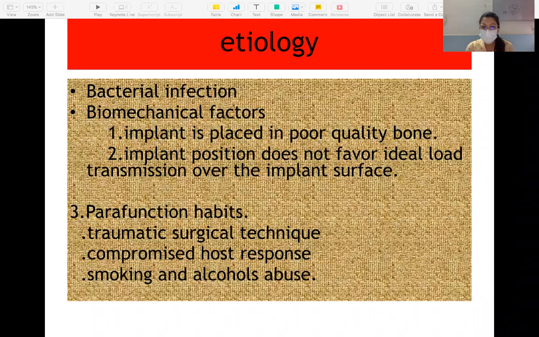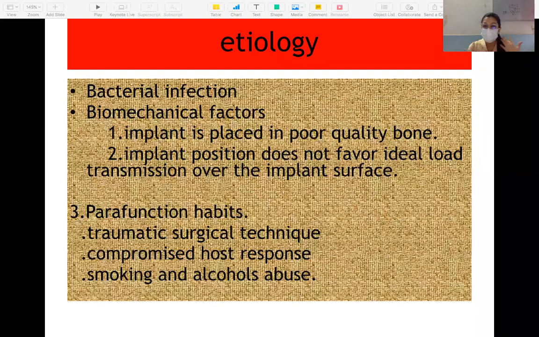Secondly, biomechanical factors: the implant is placed in poor quality bone, the operator did not evaluate the bone quality properly before placing the implant, implant position was not favorable, loading was not favorable.